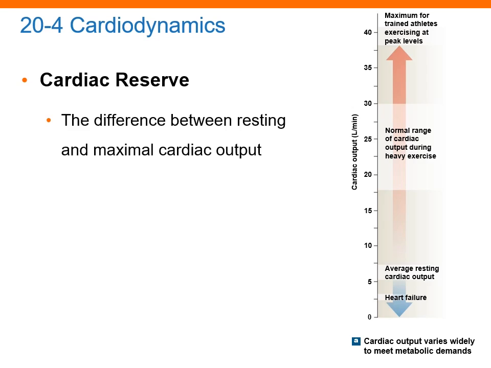If you're a trained athlete, maybe up to 40, which is absolutely amazing. So 40 liters per minute. Remember, there's a little less than 4 liters per gallon, so that would be close to 10 gallons per minute, which is amazing. If you have heart failure, that can drop below your resting cardiac output.